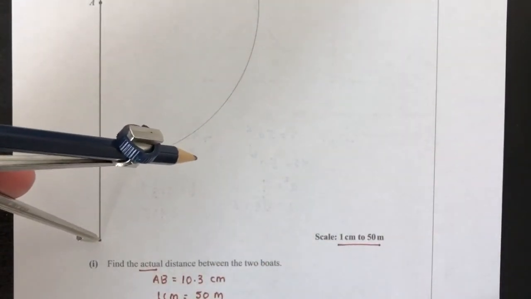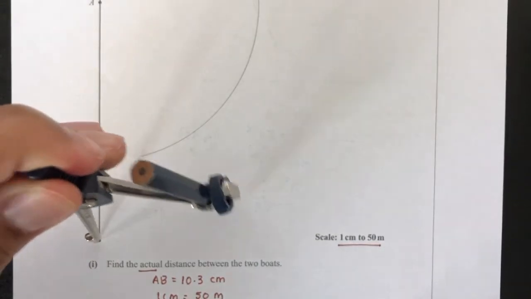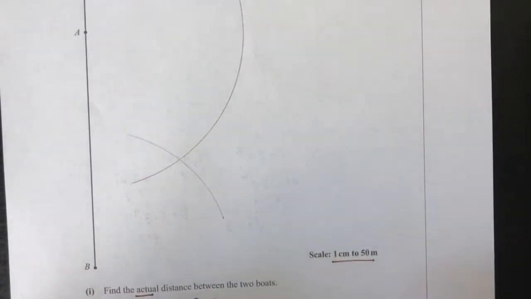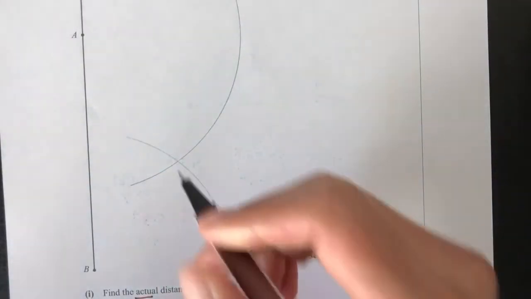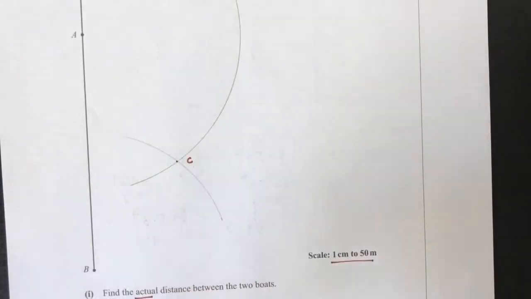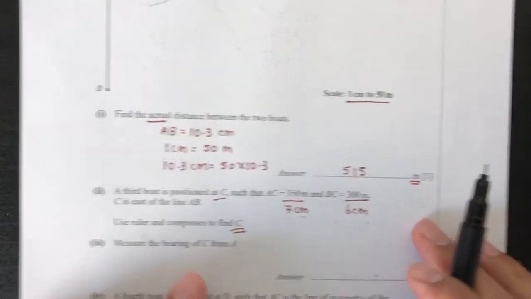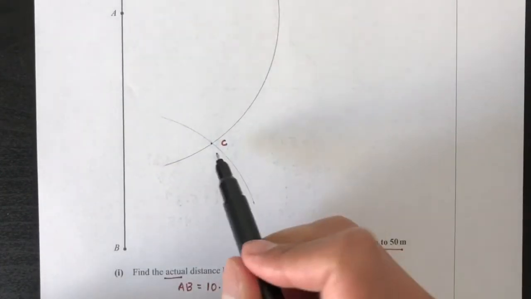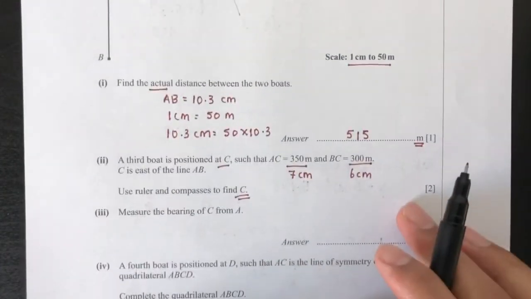Now go to your point B, intersect the first arc. So this point here will be your point C. So let's join these two together to form the triangle. We don't need to connect them, so that is fine. As long as you label your point C, you're good to go.